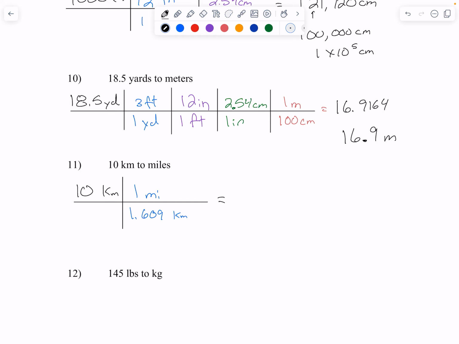Some people still refer to it the mile, but it's not quite a mile. If we do this, we get 6.2150404. Well, 1 sig fig, 6 miles. So it's actually 6.22 miles, but depends on how accurate your measurement is.